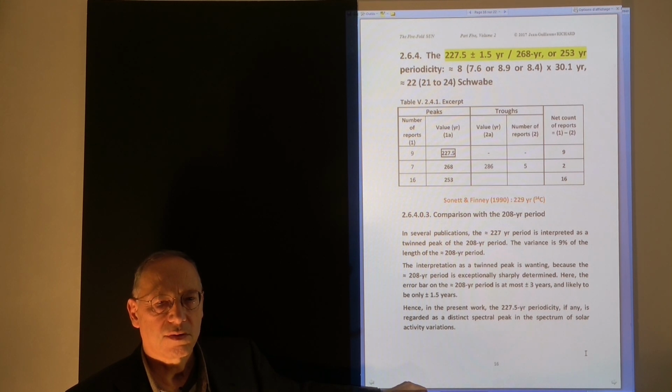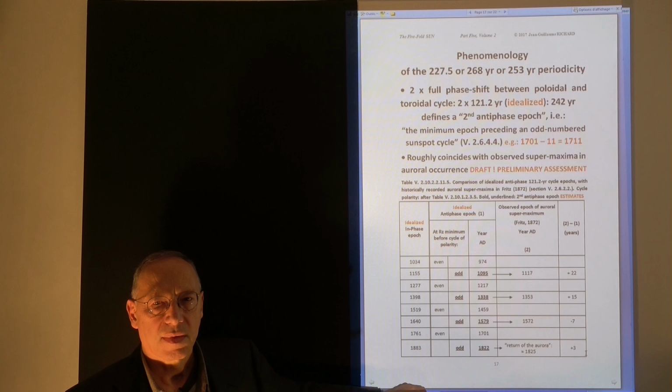They are actually, from a spectral point of view, quite distinct and separate, because for the 208-year period we have only 1 or 2 year error bar.